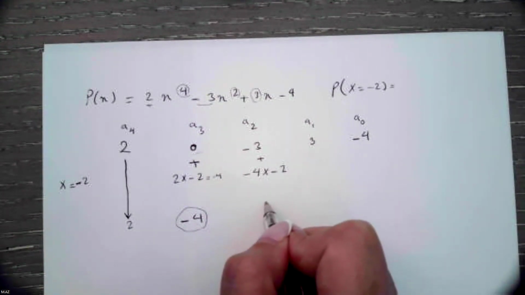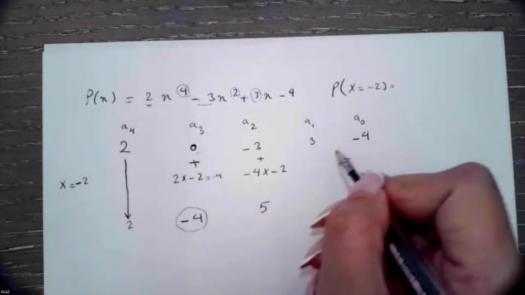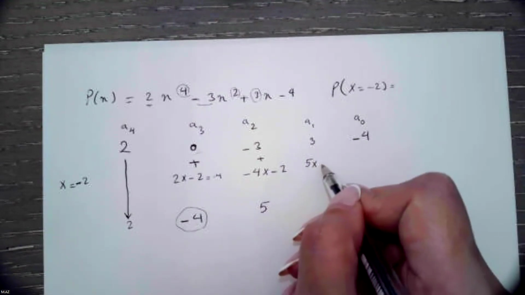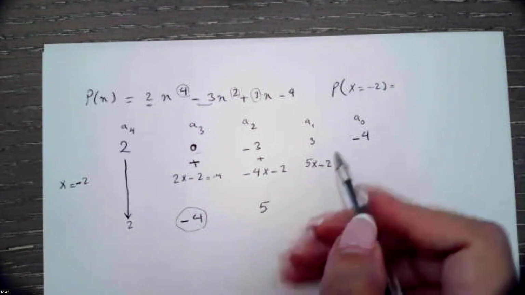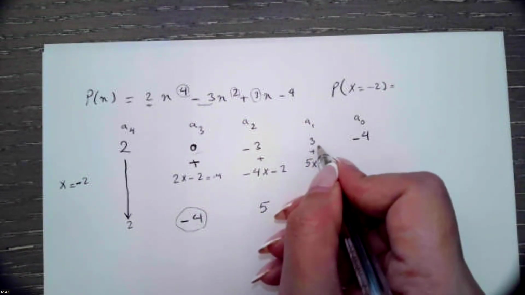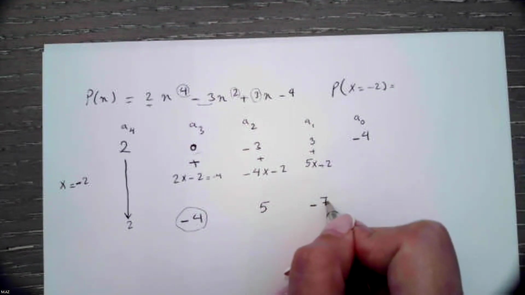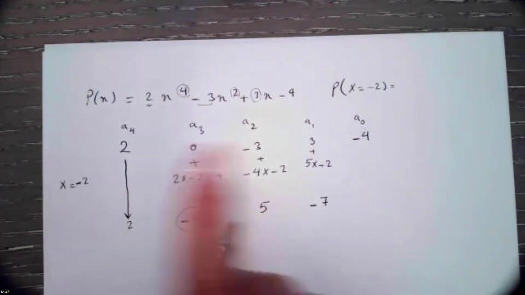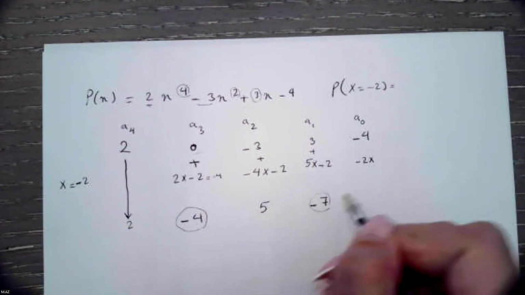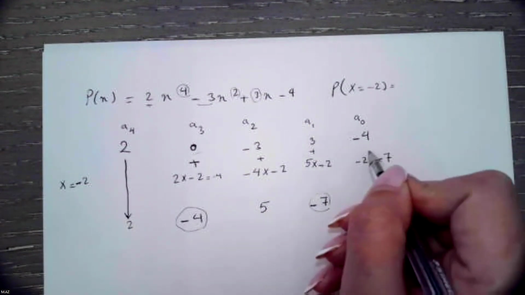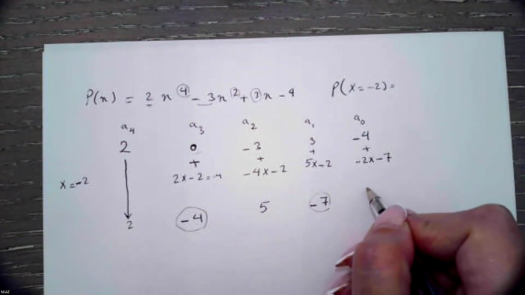The value is 5. 5 times minus 2 is minus 10, okay? And we add it to this coefficient, and the value is minus 7. How about this one? We have minus 2 times minus 7 plus minus 4, and the value is 10.